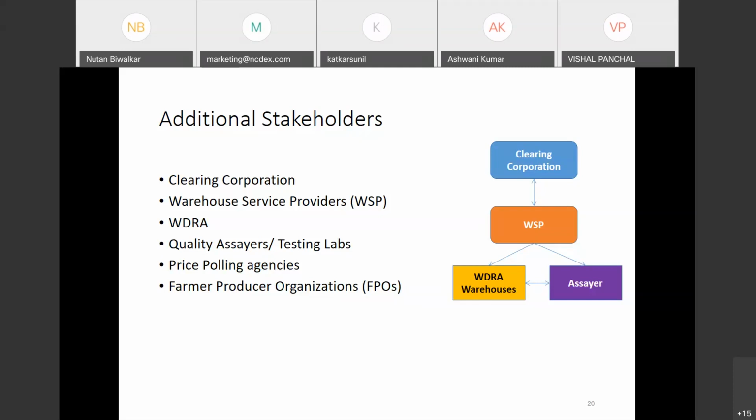So the farmer producer organization helps them in this way: they enhance bargaining capacity, and they enable farmers to reap the benefit of economies of scale in purchasing inputs, then processing, then marketing.